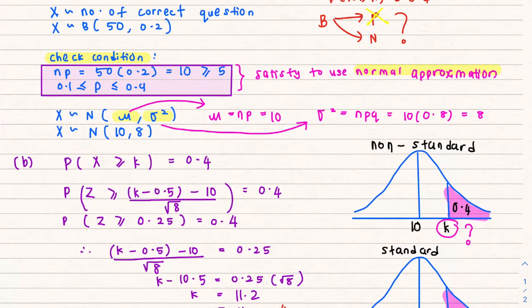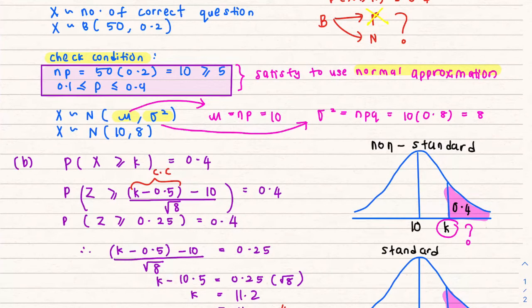Okay, this is the symbol that you have changed using the tail side, because the normal curve only reads the tail side value. First thing first, you have to know when you change from discrete to continuous, you have to use correction for continuity. Remember that one? So this is the correction for continuity for this part.